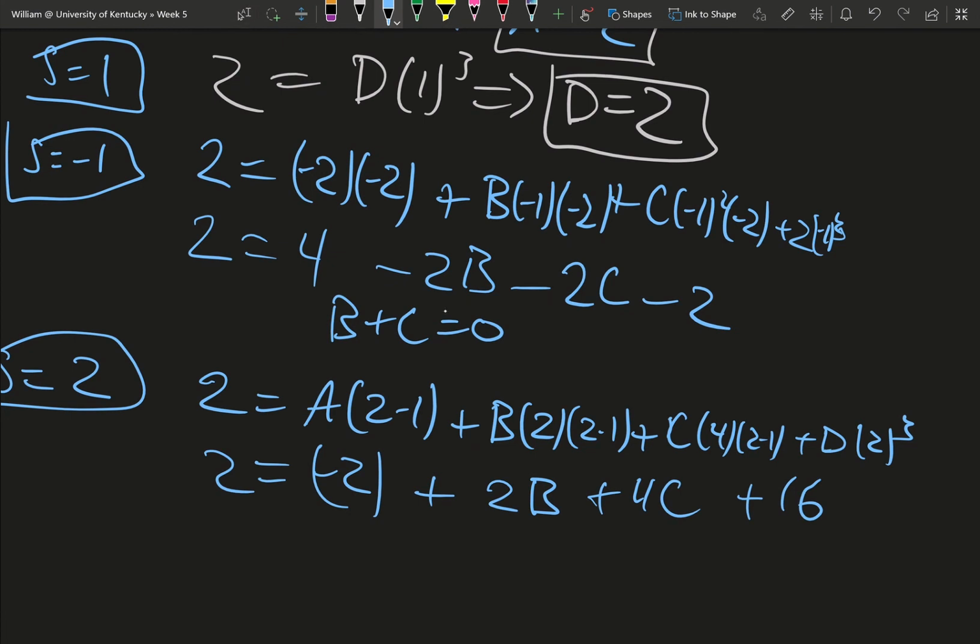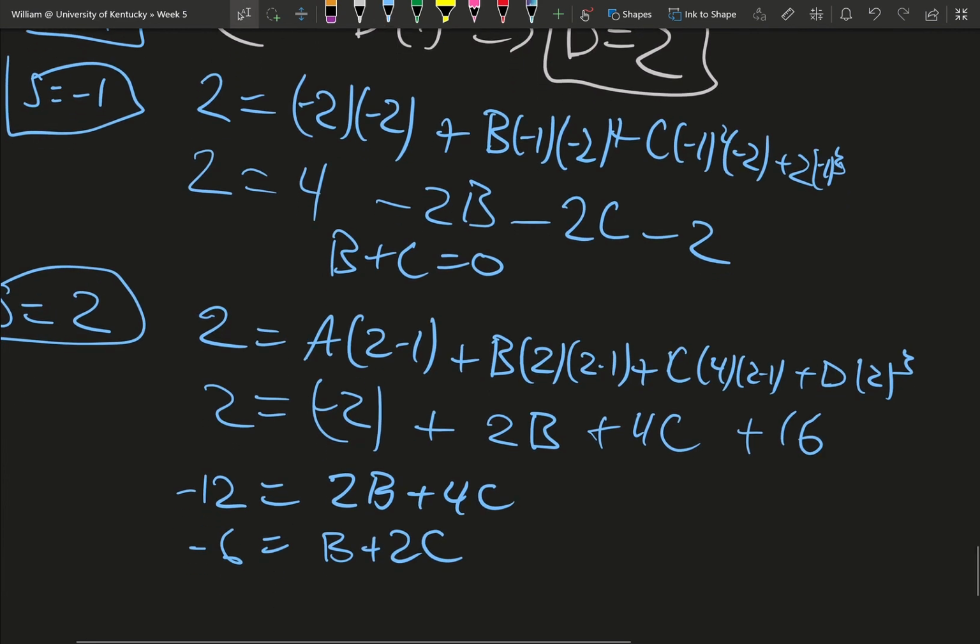So let's see, positive 14, subtract that, so negative 12 equals 2b plus 4c. Negative 6 equals b plus 2c. This says b equals negative c.